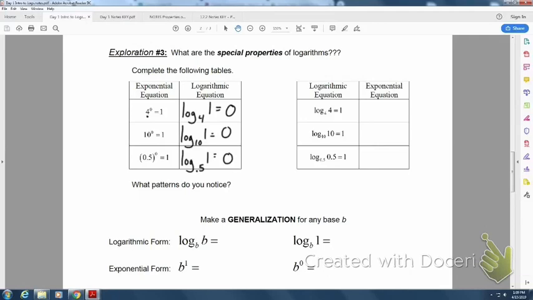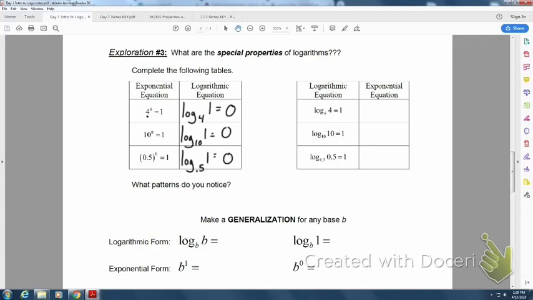Because anything to the power of 0 is 1. Same with the next thing. Okay? Coming over here, because anything to the power of 1 is itself, if you ever have log base and then these two are the same, okay, these two numbers, it's always going to equal 1.